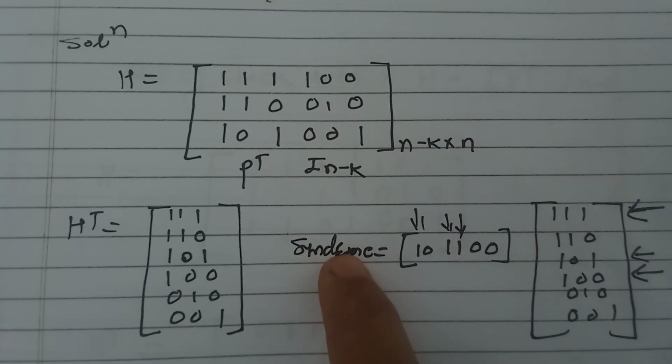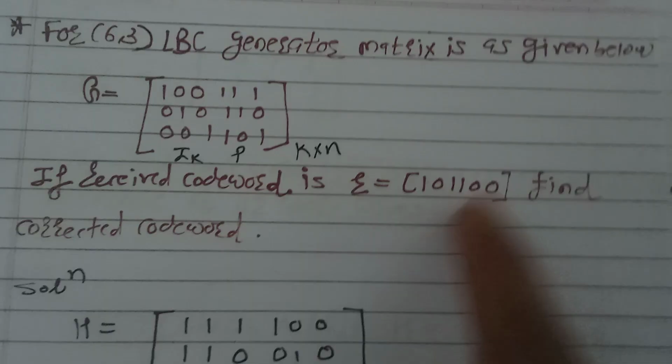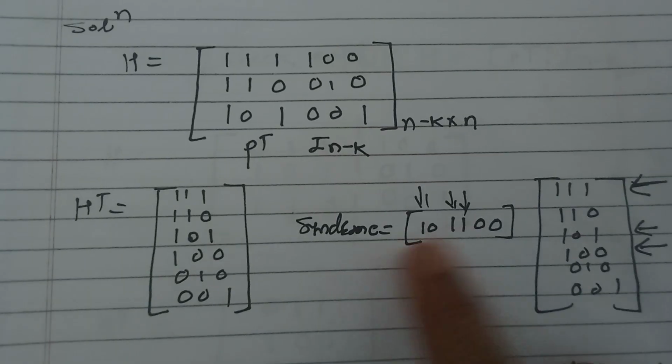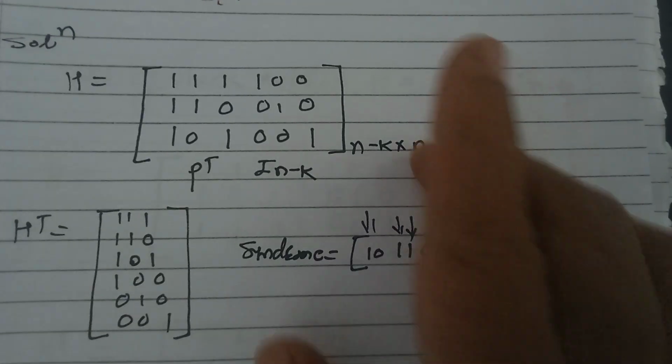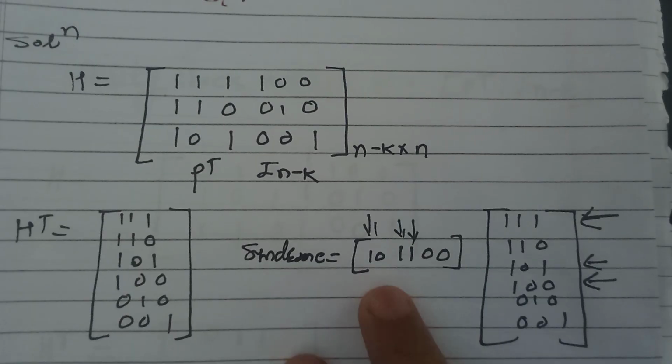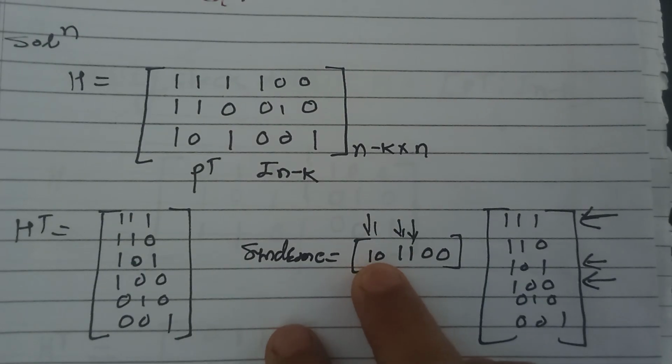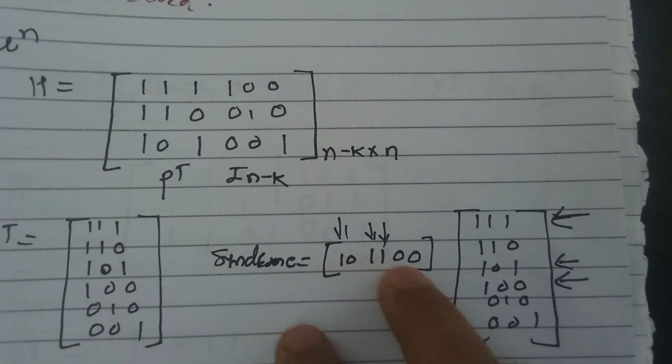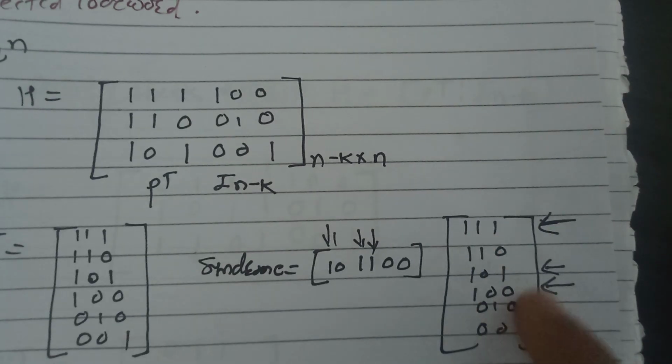After that the syndrome is formed by multiplying R with H^T. The ones of R are used to label the rows of H^T.